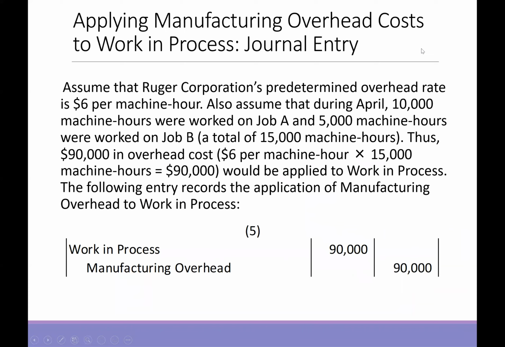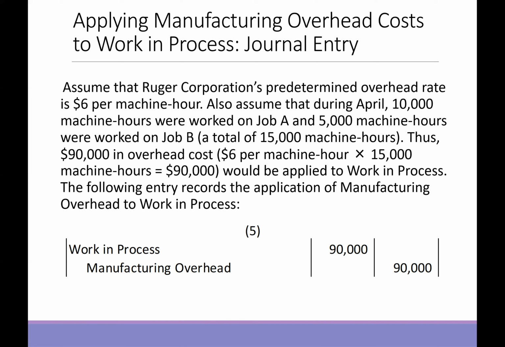Assume that Ruger Corporation's predetermined overhead rate is $6 per machine hour. Also assume that during April, 10,000 machine hours were worked on job A and 5,000 machine hours were worked on job B. So 90,000 in overhead costs, which is the $6 predetermined rate times actual hours of 15,000 machine hours, means we applied $90,000 to various overhead costs.